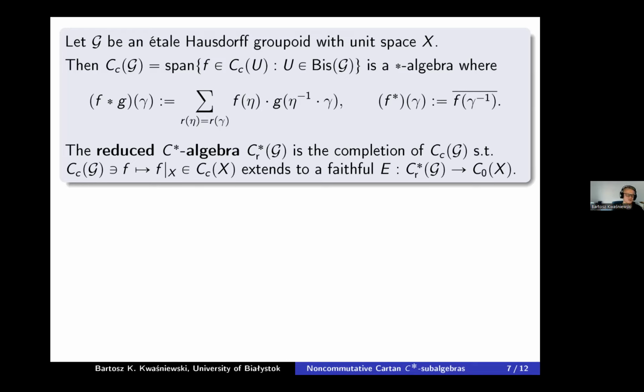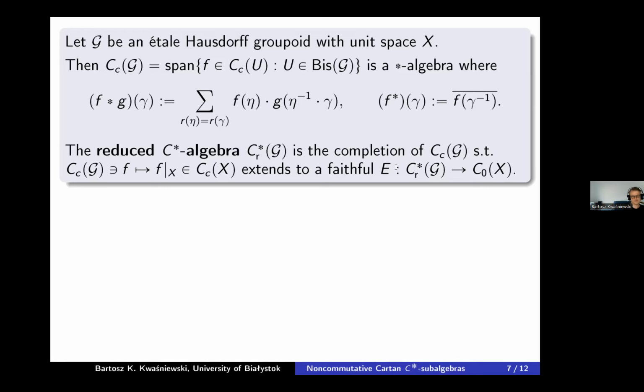There are plenty of definitions, but the definition that will work for us is that we complete this space in a norm such that this restriction map, whenever we have a function on G and restrict it to X, is well defined because we assume Hausdorffness, maybe I should have said that. And we want to complete in a norm such that this map is contractive and faithful.